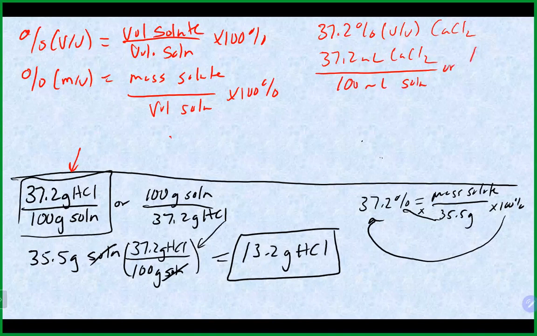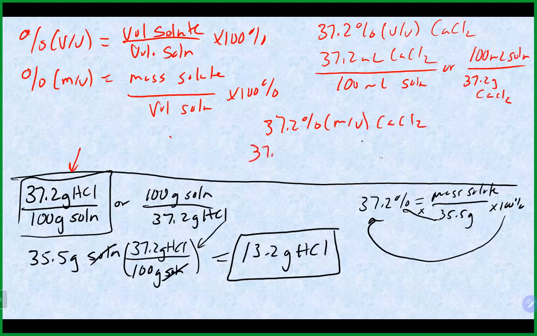Or again, we could flip it around. 100 milliliters of solution would be our 37.2 milliliters of calcium chloride. And if we have 37.2% mass to volume calcium chloride, it would work the same way. That would mean we have 37.2 grams of calcium chloride in 100 milliliters of solution.